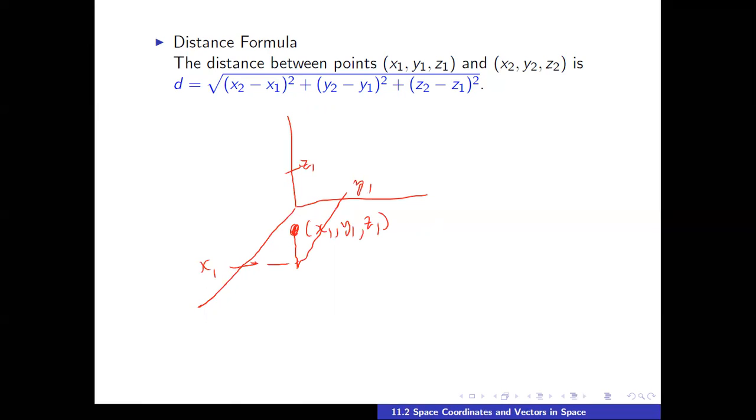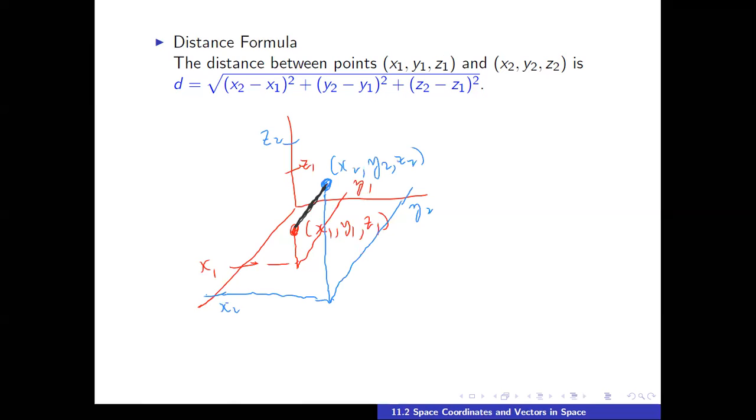And then what if I had x2, let me do this in a different color, x2, y2, and z2, okay? Up like this. So this is the point x2, y2, z2. What is the distance between these things? I want this distance between these two guys.